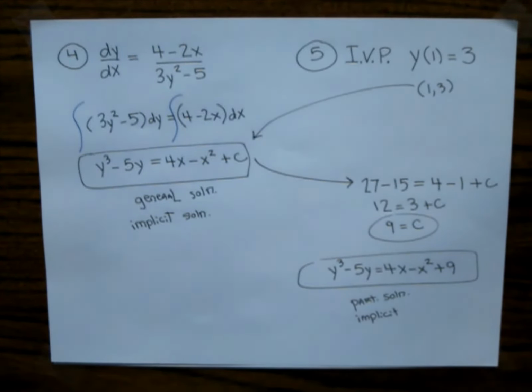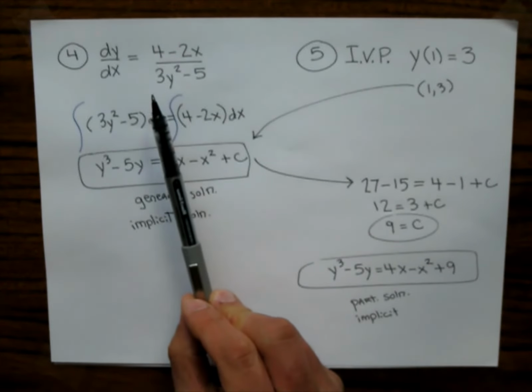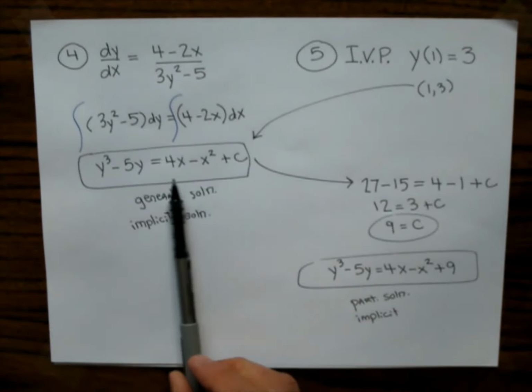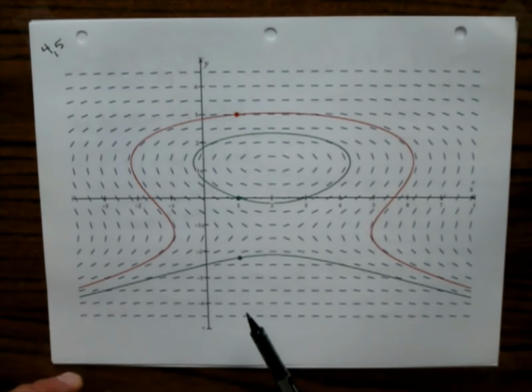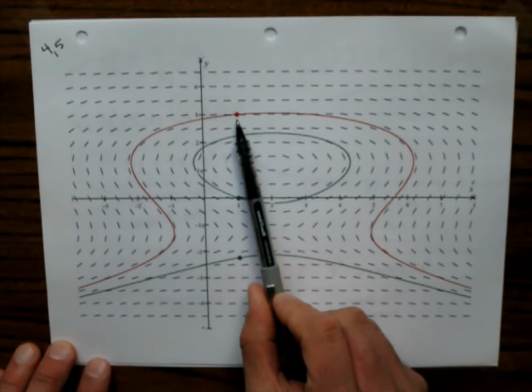Let's go ahead and show you a picture: the slope field for this guy and some of the solutions that we have here. So some of these look like that. That's kind of weird. So you actually have the point 1, 3, which was the point right here.